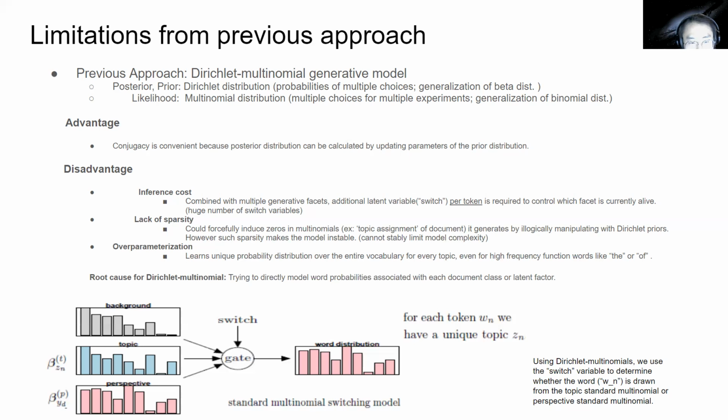In that case, the number of latent variables will explode as the number of combinations between the unique topics and the unique perspectives grows. That basically increases the inference cost exponentially, which means we would want to come up with a more clever way.